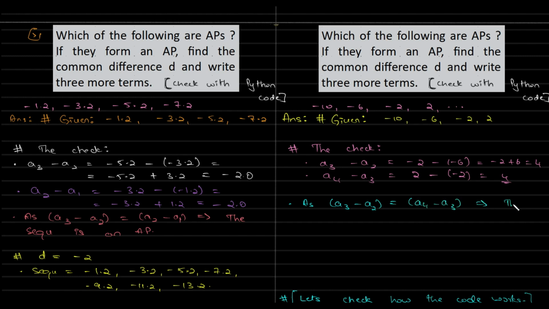This implies the sequence is an AP. Therefore, D is equal to 4, and the sequence is minus 10, minus 6, minus 2, 2, 6, 10, and 14.